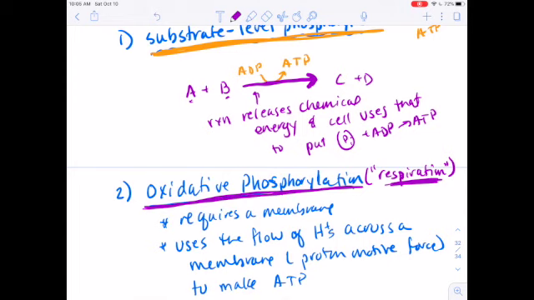So cellular respiration, we could call it cellular oxidative phosphorylation, although I think if we called it that, Bio 107 students and high school students learning this stuff would freak out. We just like the word respiration. Let's use that.